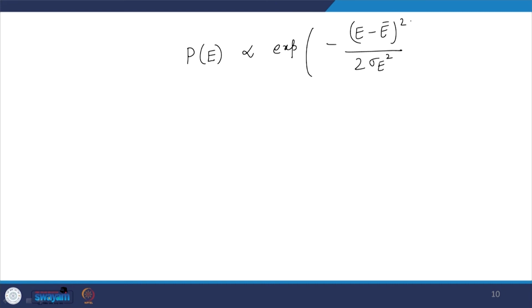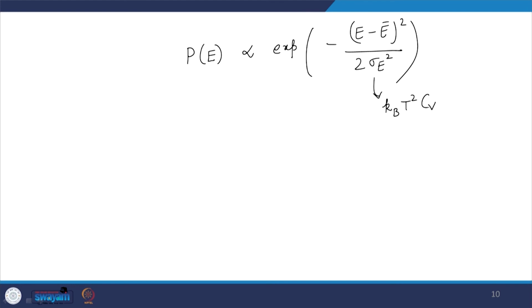Simply as a result of the central limit theorem. Now, going further, just like what we did for the coin toss example, we can also write the distribution of energy as proportional to exponential of minus E bar square by 2 sigma E square, where sigma E square is given as kB T square Cv.